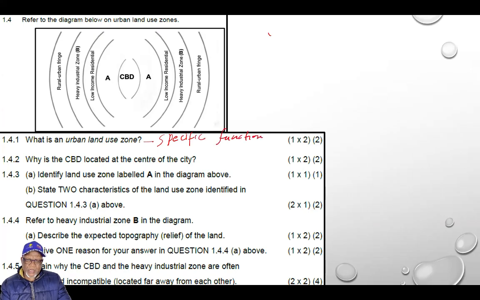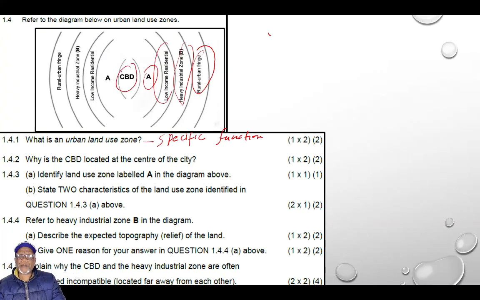So we can look at it as a rural urban fringe, a heavy industrial zone, a low residential area, a transitional zone, or a zone of decay, or a CBD or central business district.